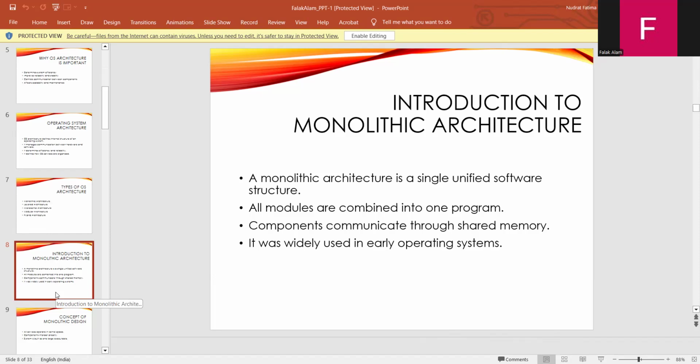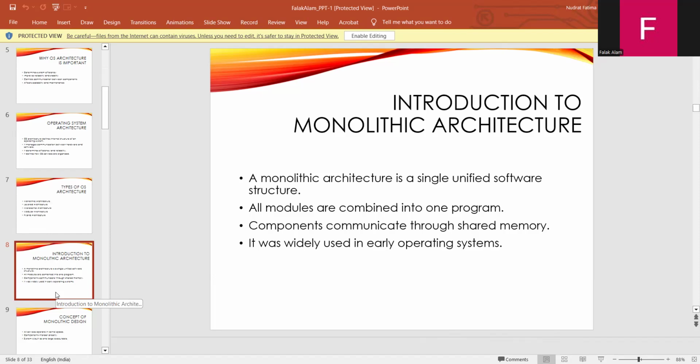The components include process management, memory management, file system, device drivers, and all these components communicate through shared memory. All the services run in the kernel space, which means they have direct access to the system hardware.